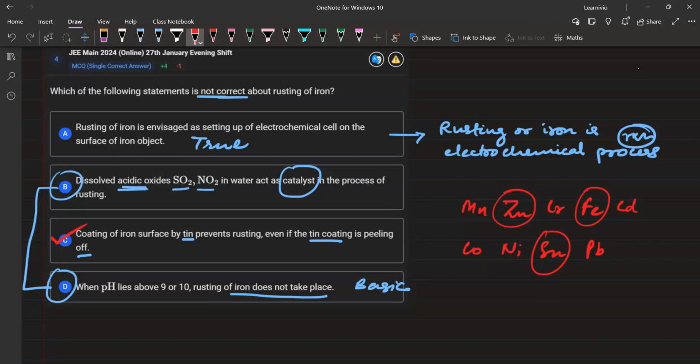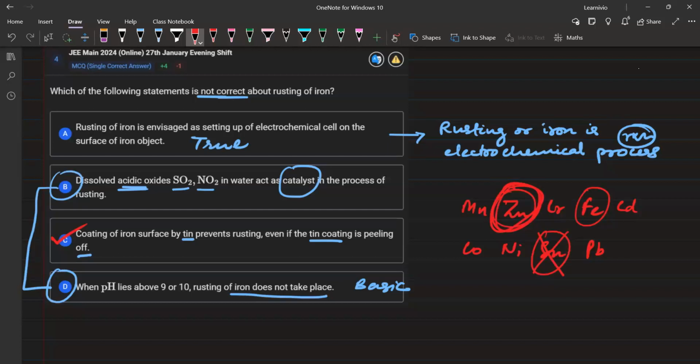But if the tin is peeled off and scratched and the iron surface is now exposed to the atmosphere, it will start rusting. So tin can only prevent by stopping the atmosphere from interacting with iron. But if we place zinc with iron, even if the zinc layer is peeled off or scratched and the iron surface is in contact with the atmosphere, still zinc will be rusting and iron will not be rusting. Why?